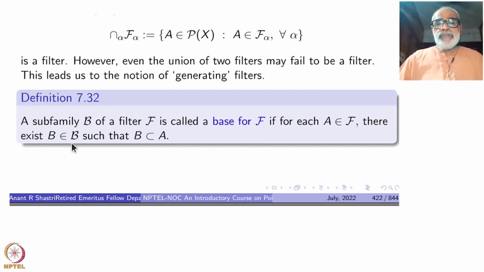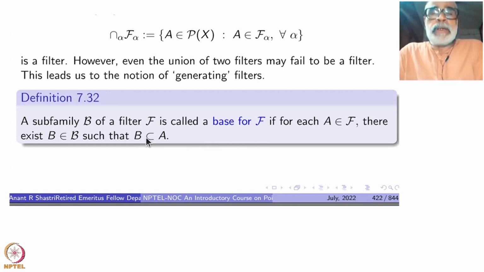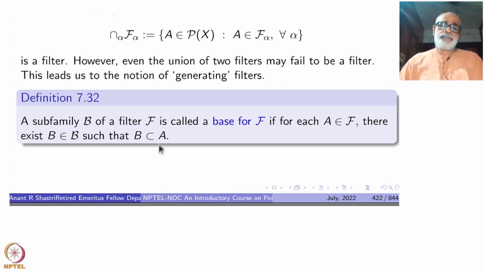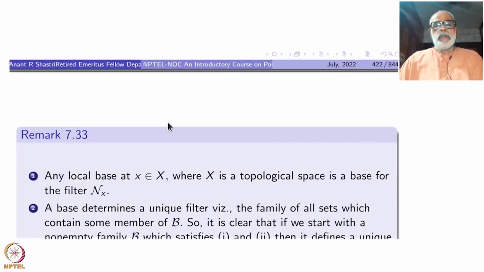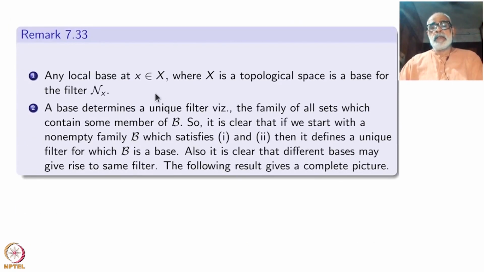So this definition of a base satisfies similar conditions to what we have done for topology, but it's much more general. Okay, for example, the base for a topology had to have this property, namely union of all members is X. It must be a cover for X. No such condition is here. Okay. All right. Let us look at some examples.